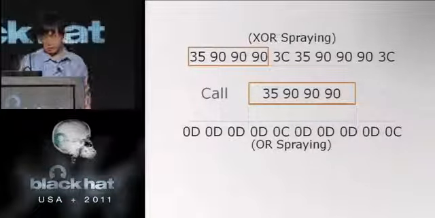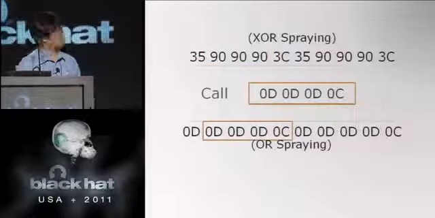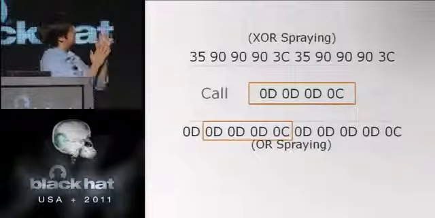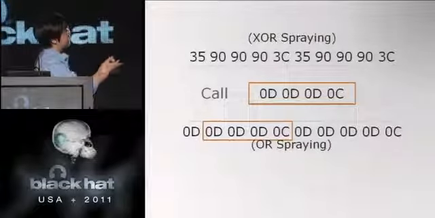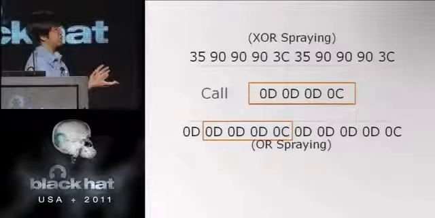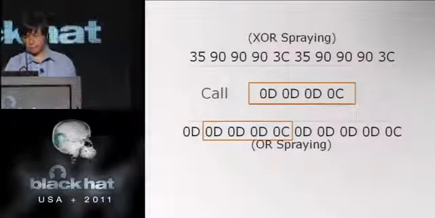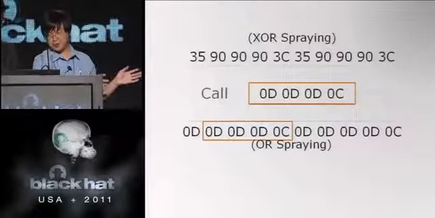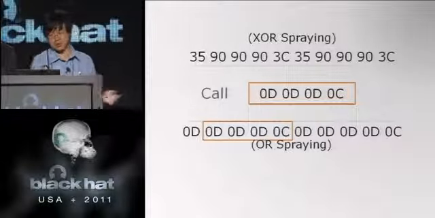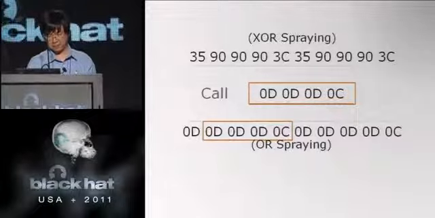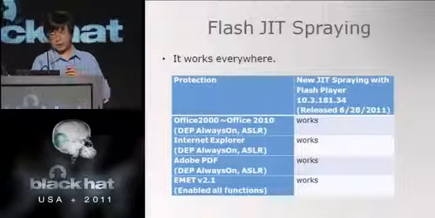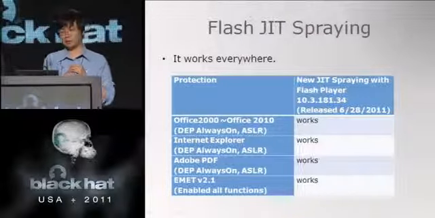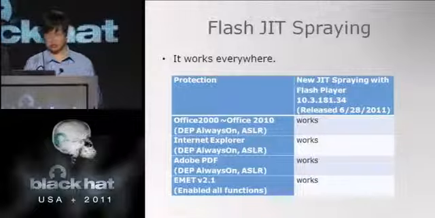If we use OR, the value will be much simpler for us. The destination will start with 0D or 0C, and that area is easier to spray. I know maybe this is not easy to understand. Just remember when you are testing flash JIT spraying, use OR. Our flash JIT spraying can defeat all protections, even EMET version 2.1.